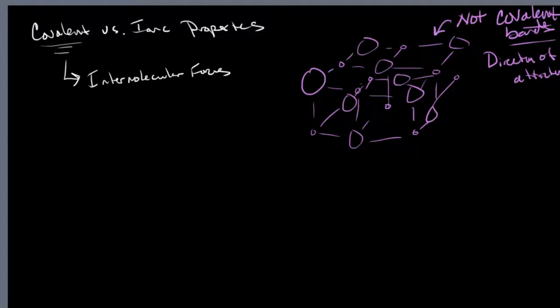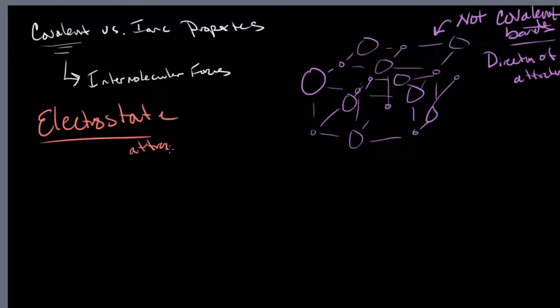We need to remember this word: electrostatic attraction. This is opposites attract. This is the official term for positive and negative charges attracting each other. Lamar, question. Direction of what?